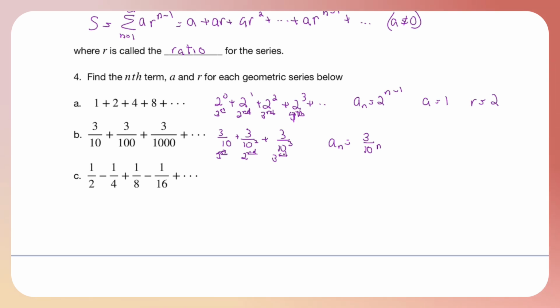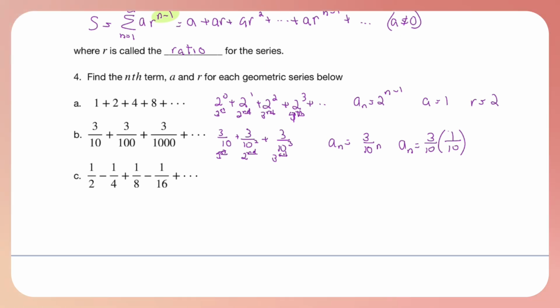But that doesn't fit our form. So I'm going to factor out a 3 over 10. And then when I factor out 3 over 10, that leaves me 1 over 10 to the n minus 1 power.